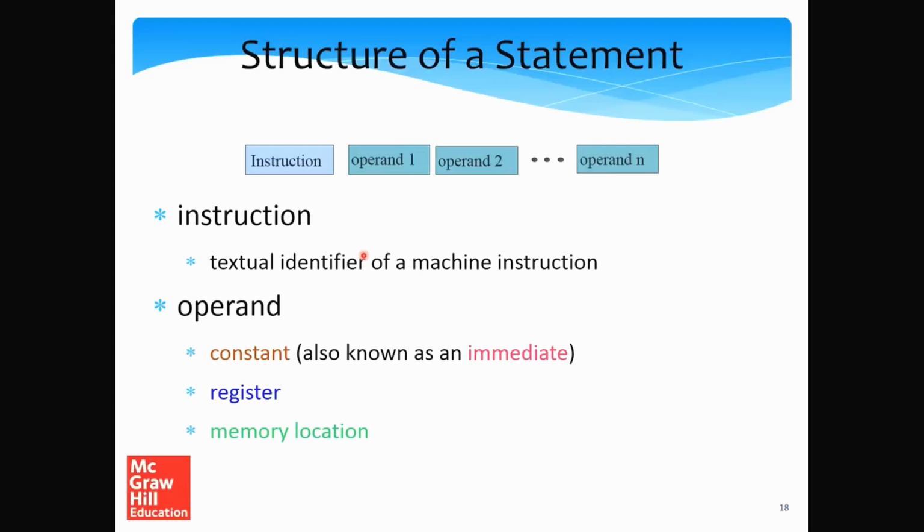Examples of constants are 3, 4, 5, numeric constants, character constants, string constants. In assembly language parlance, they are typically referred to as immediates. The operands can also be registers, and the operands can also be memory locations. We'll look at more of how to specify different kinds of operands.